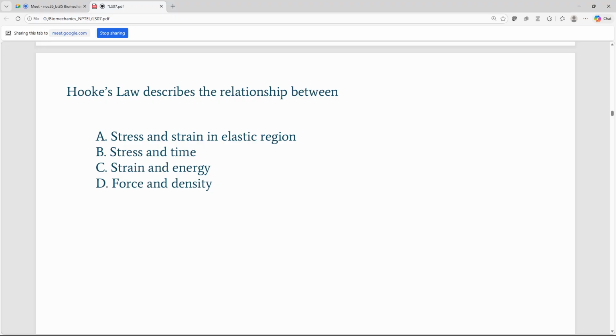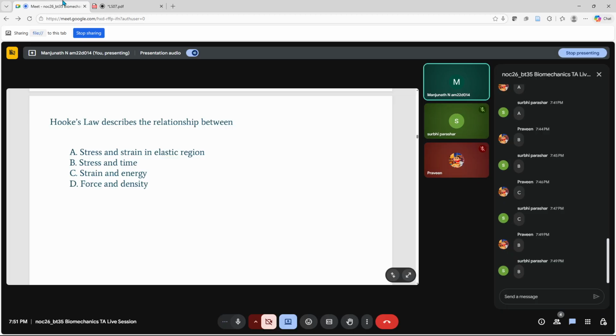Option B, stress and time. Option C, strain and energy. Option D, force and density. Simple question. Hooke's law describes the relationship between what?